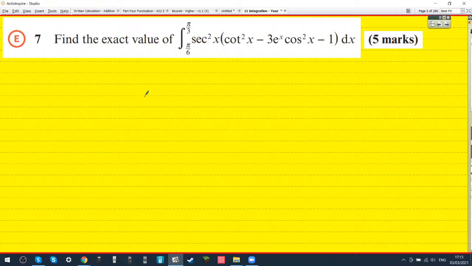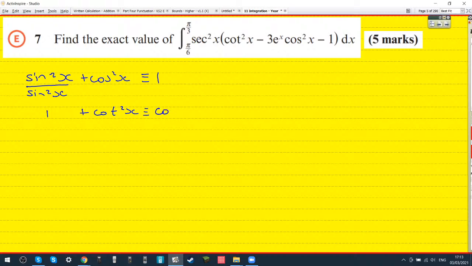Is there a way to make this simpler? Sine squared x plus cos squared x is identical to 1. So how would we get cot? We'd have to divide by sine squared. So that would be 1, that would be cot squared x, and that would be cosec squared x. Does that help?